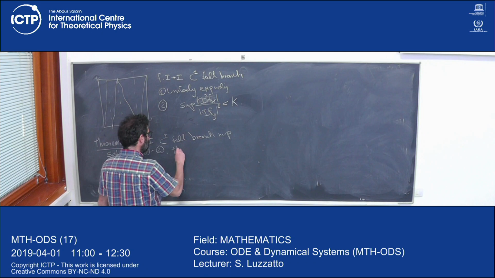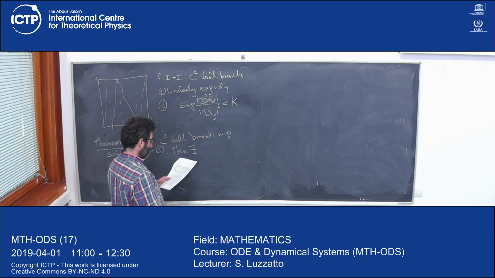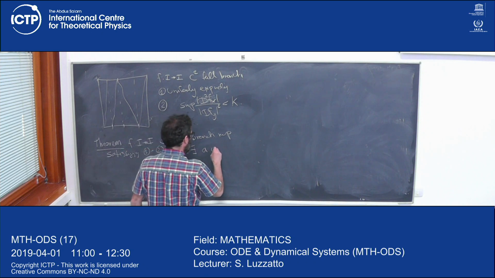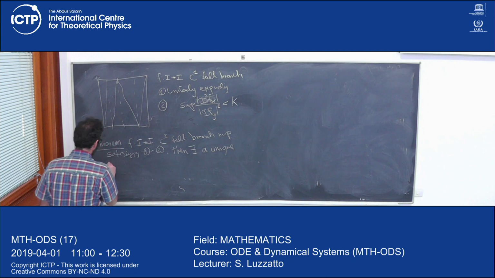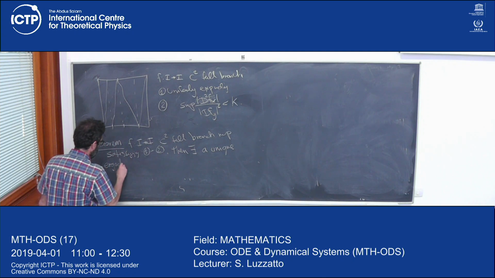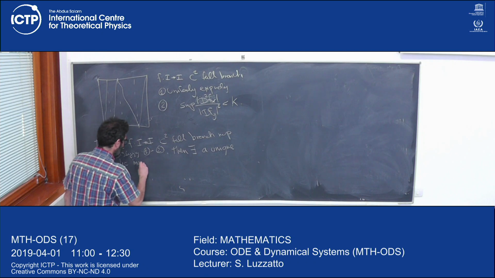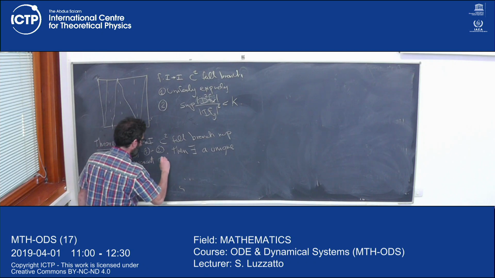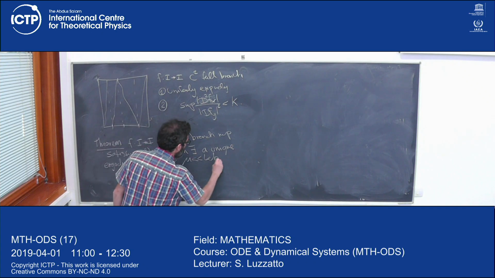Then there exists a unique ergodic invariant probability measure mu, which is absolutely continuous with respect to Lebesgue.